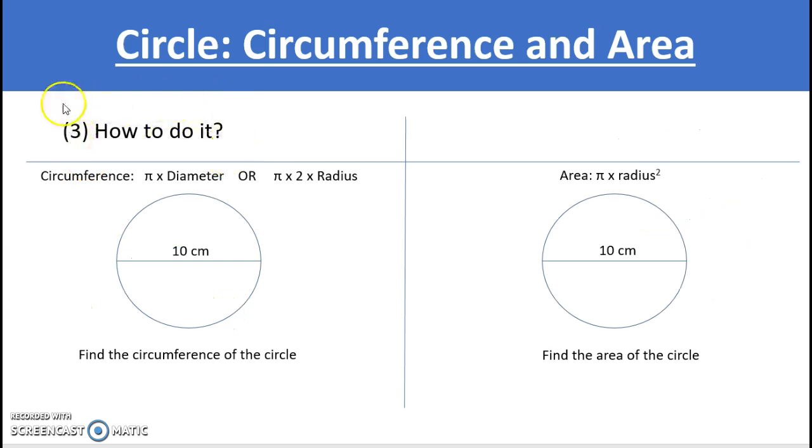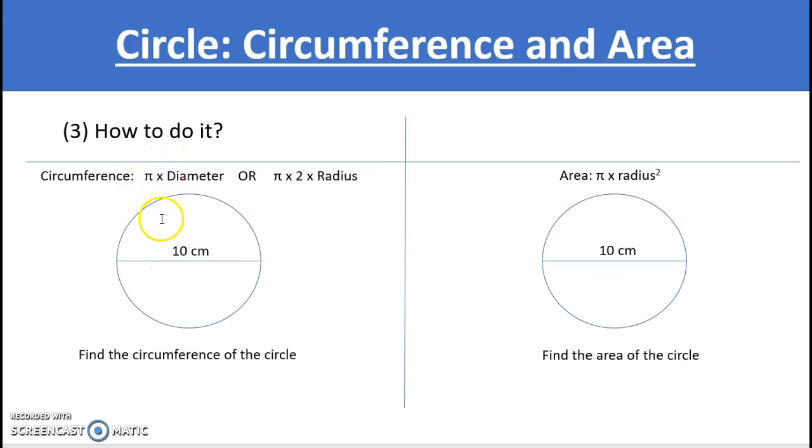Okay, how to do it. So let's say you're given two examples here, both the same exact circles, and you're asked two different things. One, to find the circumference, and the other to find the area. To find the circumference, which is the outside distance, we could either use pi times diameter or pi times 2 times radius. Given the fact that we have a diameter right here, we'll just plug this in.